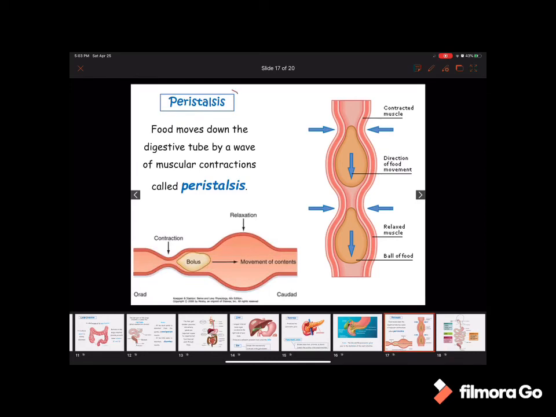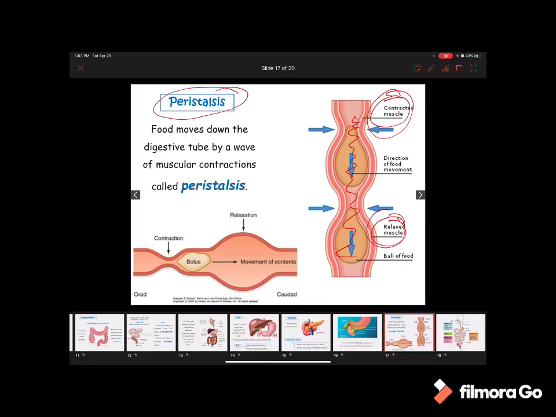It happens via peristalsis, which is basically when the smooth muscles inside the esophagus contract and relax, contract and relax. As this muscle is contracting and relaxing, what is it doing? It's moving the food down. So this is what peristalsis is.